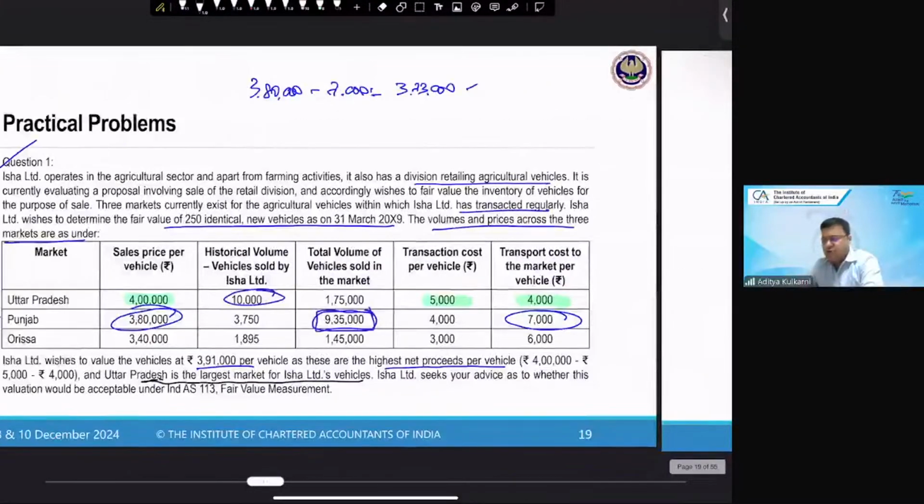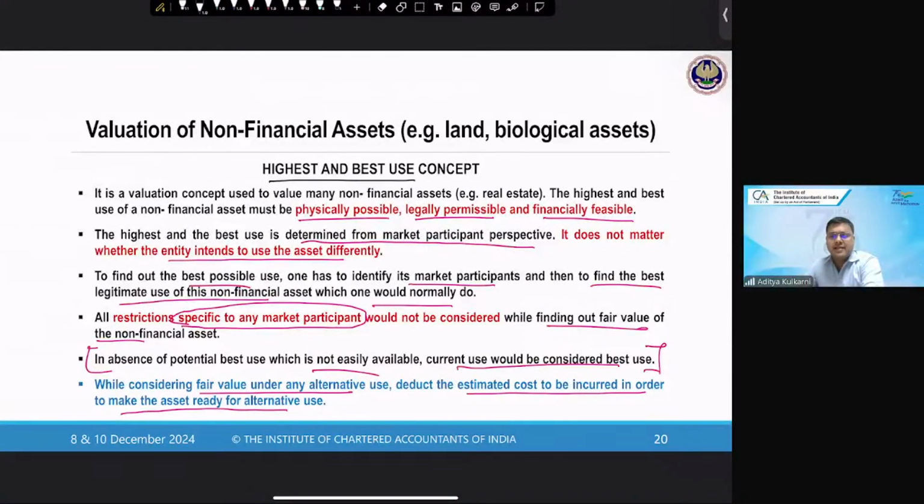Okay. We also saw valuation of non-financial assets, where the non-financial assets can have multiple uses. So there are three parameters which we will have to test. Is it physically possible, legally permissible, and financially feasible? These are the three parameters on which your non-financial asset valuation is based.